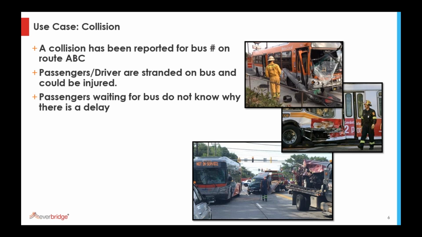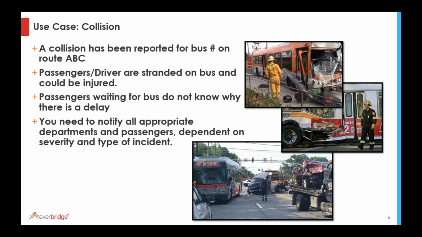Other passengers are waiting for the bus and don't know why there is the delay. So right there, there's some confusion that's starting, and probably some frustration because a lot of people are using your service to get from their house to work or vice versa. And most importantly, you need to notify all appropriate departments and passengers, and anyone depending on the severity and the type of the incident.